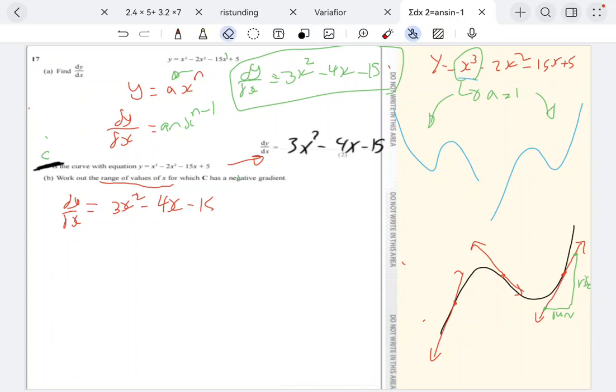Again, let me just clear this, because this part of differentiation, the curves and the gradient, needs someone who understands, not someone who memorizes.